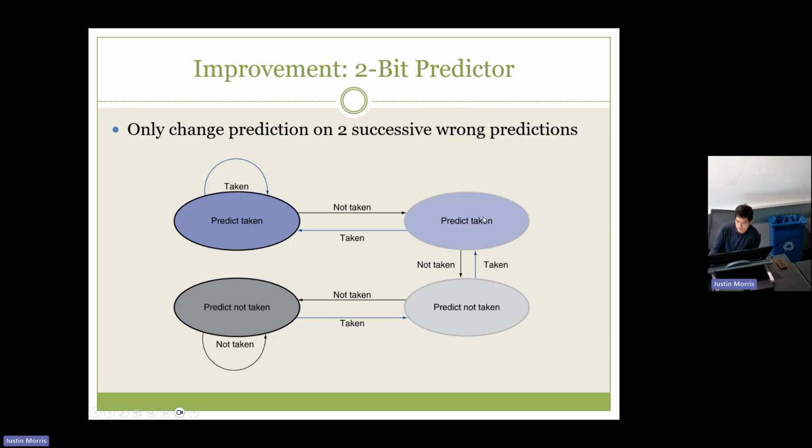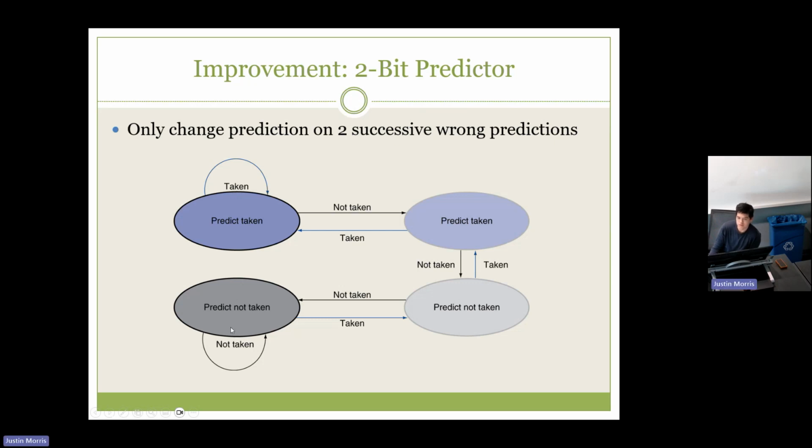But if we're wrong once, and then we're wrong twice, we now move to weakly not taken. And then if we're wrong again, we move to strongly not taken, right? Because now the last two have been not taken.